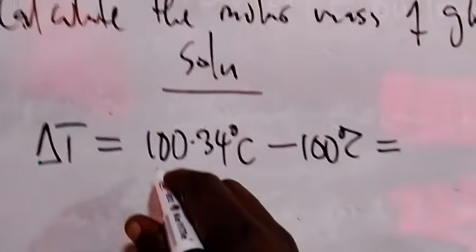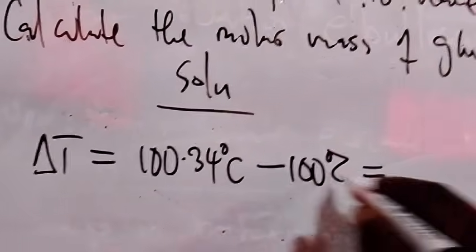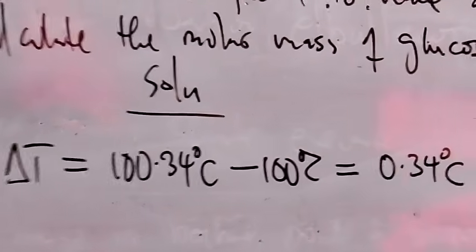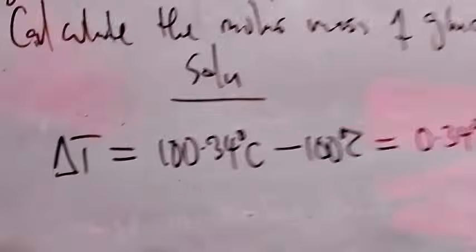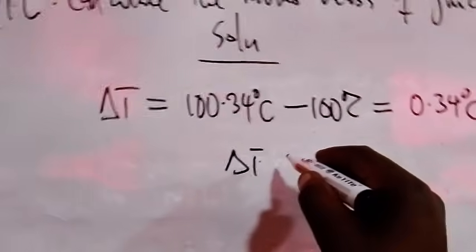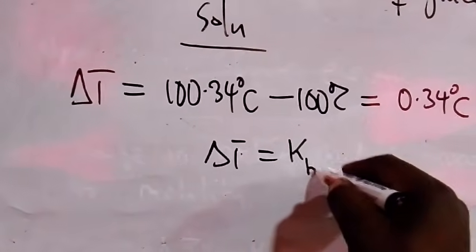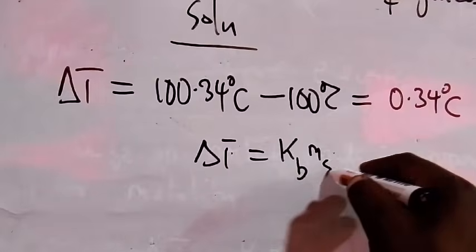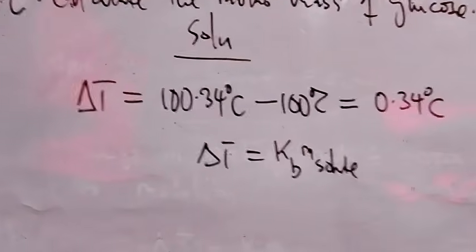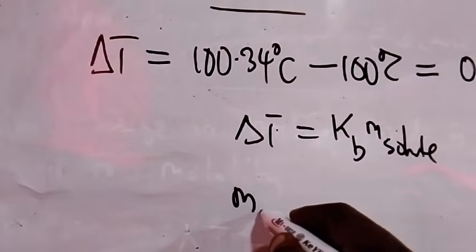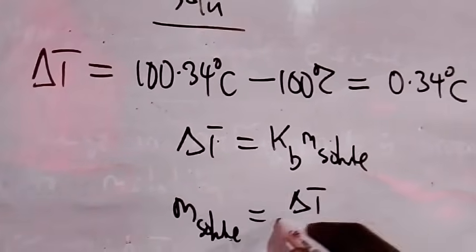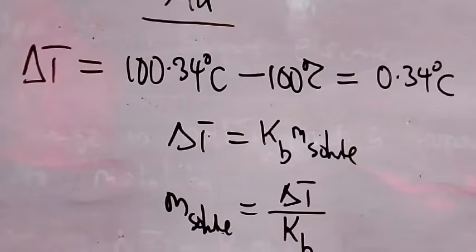When you subtract, 100.34 minus 100 gives us 0.34 degrees Celsius. We know that delta T is equal to Kb times m solute, so we need to find the molality. The molality of solute is equal to delta T over Kb.